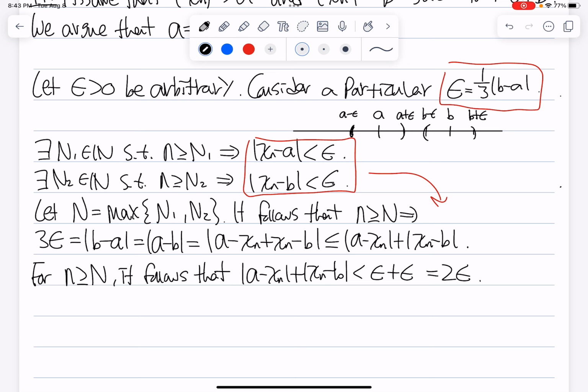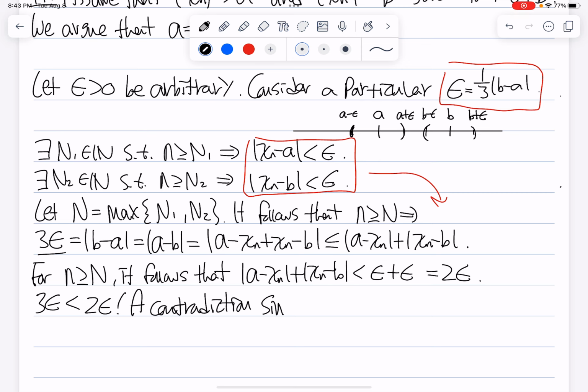Wait a second. That means that 3 epsilon is less than 2 epsilon. A contradiction, since epsilon was greater than 0. We can't have 3 epsilon less than 2 epsilon when epsilon is greater than 0. That is just absurd.